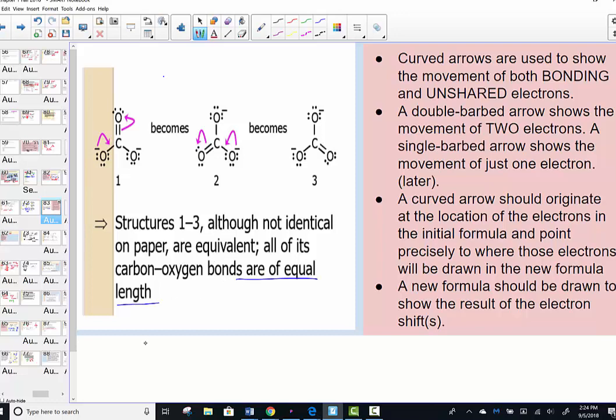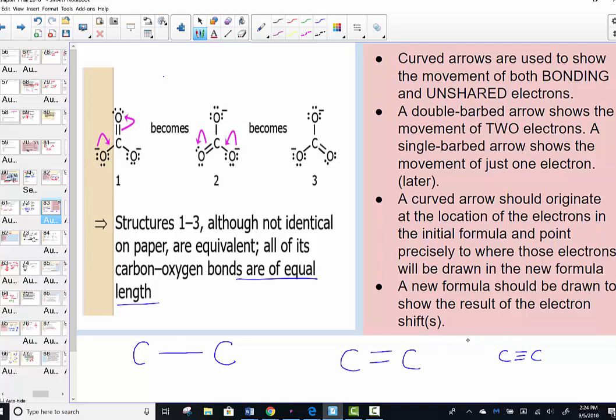Now I want to remind us in terms of bond length. The longest bond length is a single bond. A little bit shorter is a double bond, and even shorter would be a triple bond. That's the bond length. The greater the electron density between the 2 atoms, the tighter the pull, the bonds become shorter and shorter as you increase the bond to double to triple.